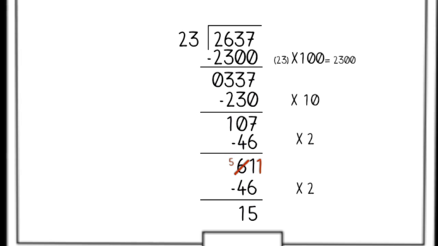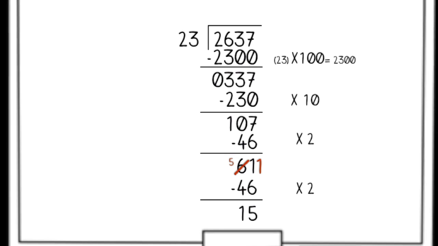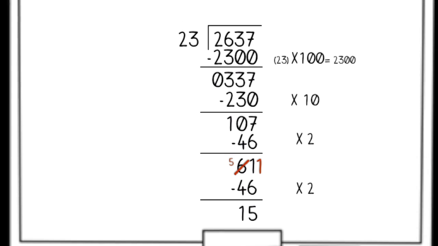Okay, now can 23 fit into 15? That's correct. No, it can't. We can't fit an entire group of 23 into 15 because 23 is bigger than 15. That means that we're done with this part.